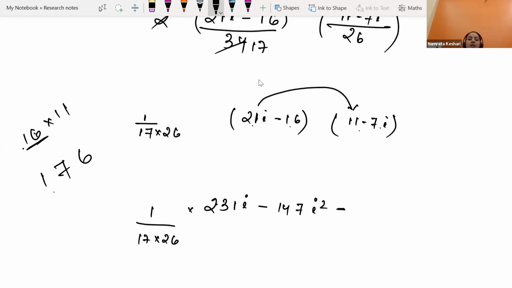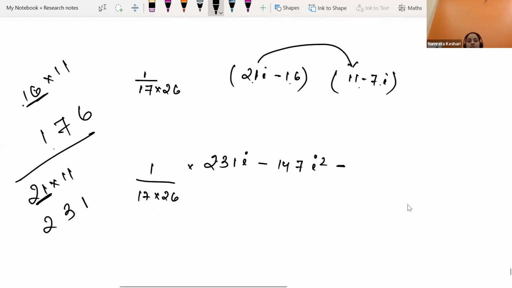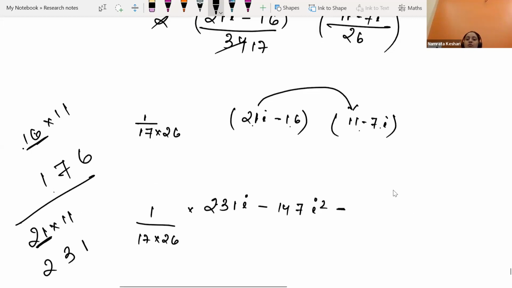Similarly, we have multiplied this 21 with 11. So in Vedic maths, there is a short trick which says that for multiplication with 11, 2 will be there, 1 will be there, and then the addition of 2 and 1, that is 3, will be there. Getting it? Yes, ma'am. Okay, so many tricks are there. This is just a very small trick, but in Vedic maths so many tricks are there.